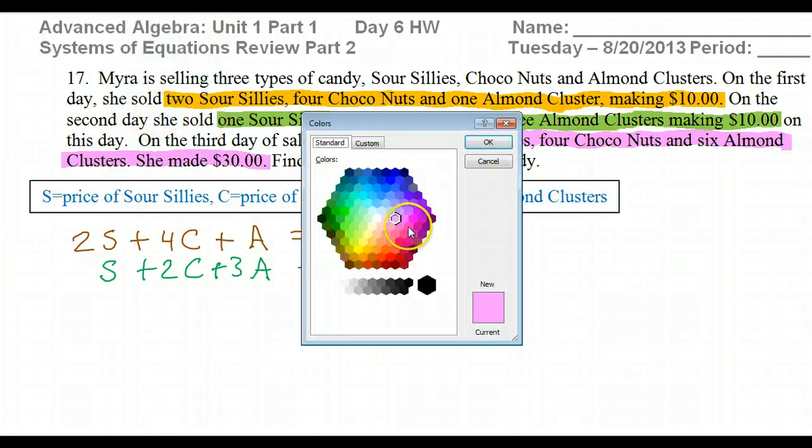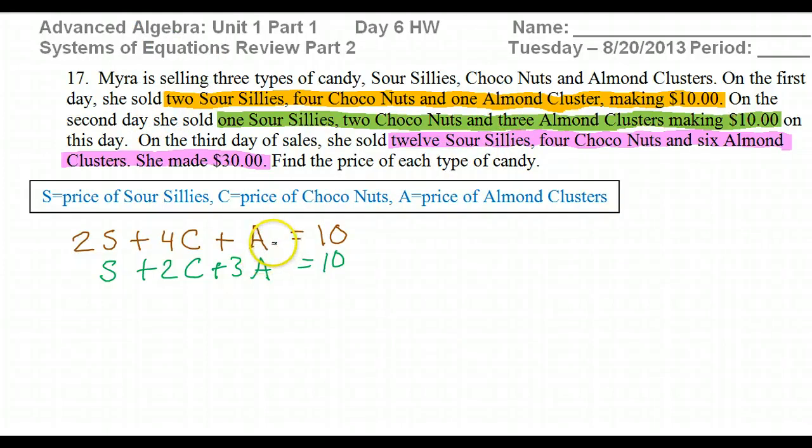Okay, so 12 sour sillies, so 12S. 4 choco nuts, so plus 4C. And 6 almond clusters, 6A. That's $30. Alright, so this problem was very straightforward in terms of setting it up.